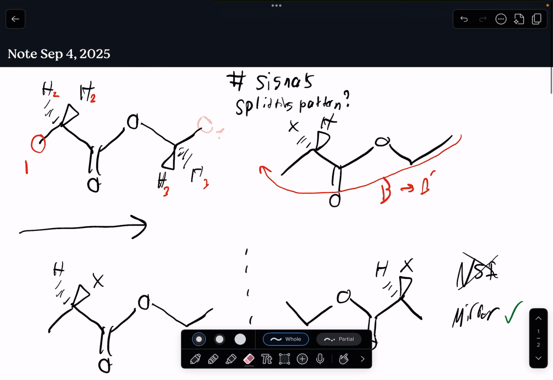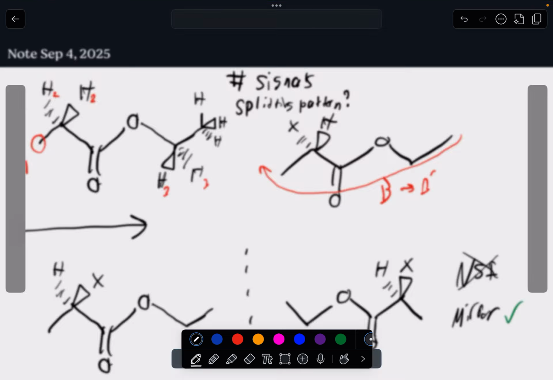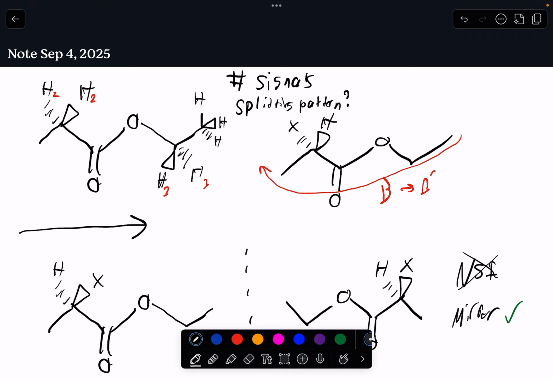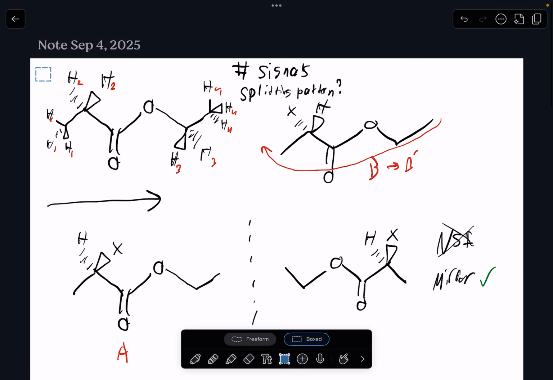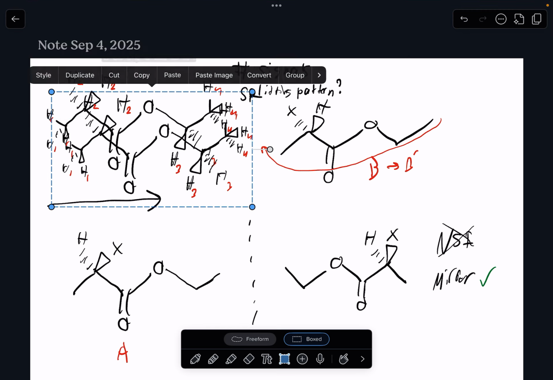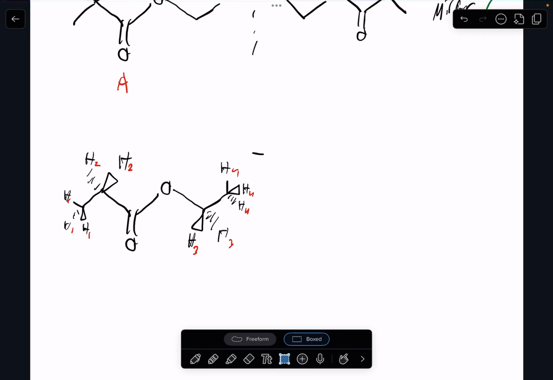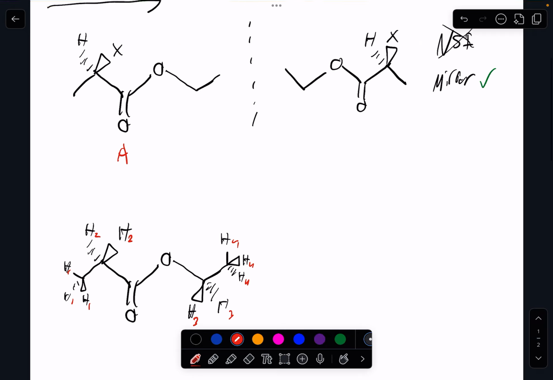Actually, let me not shortcut with one H. If you were to do that on the exam and just circle the methyl, you probably wouldn't get any points for that. Four. And I will move this over here real quick. I'll make sure everything's in frame at the end once we're done with this.